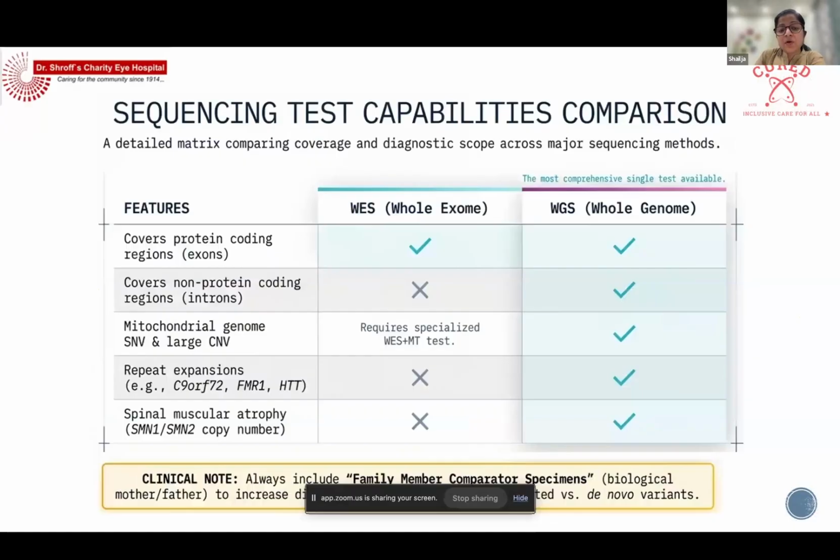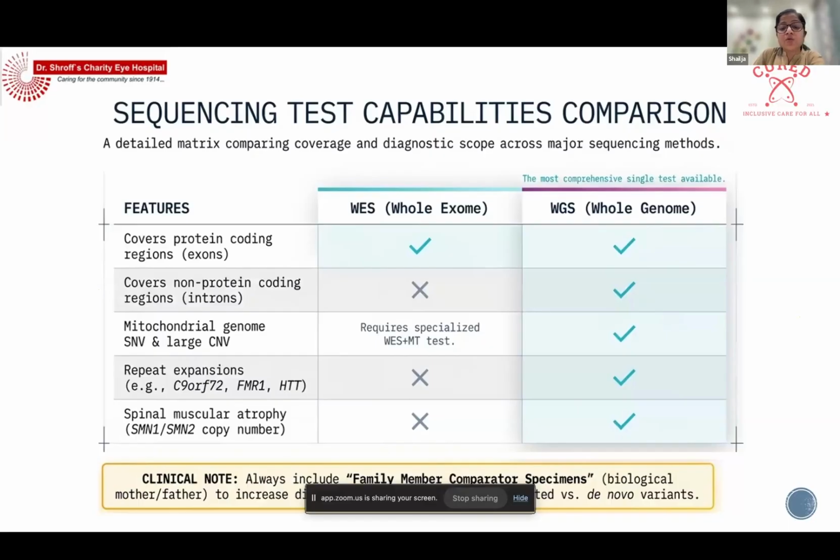And we know that whole exome sequencing is most commonly employed. It covers the protein coding region, but it does not cover the non-protein coding regions. It does not cover the mitochondrial genes, unless the test specifically covers both the nuclear as well as mitochondrial genes. It does not detect repeat expansions.